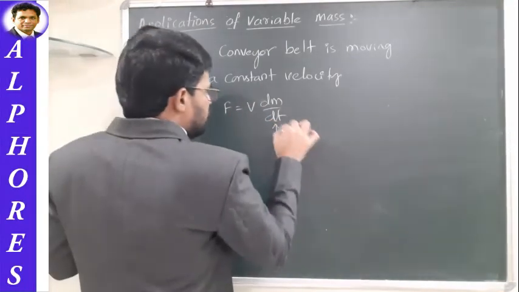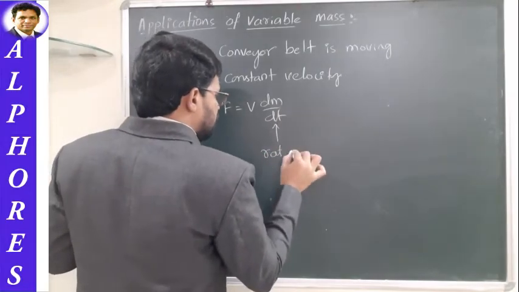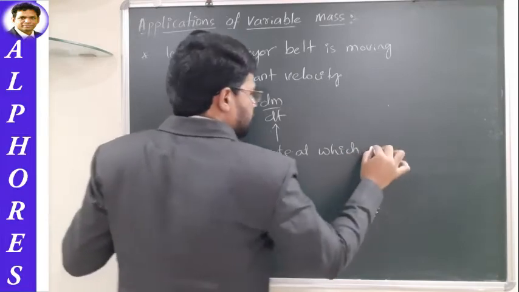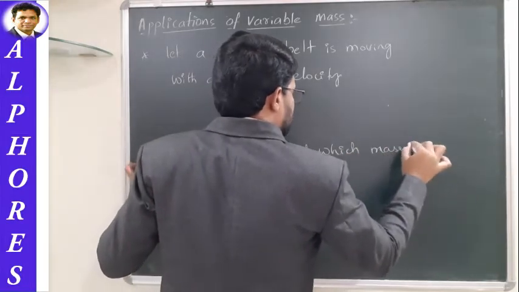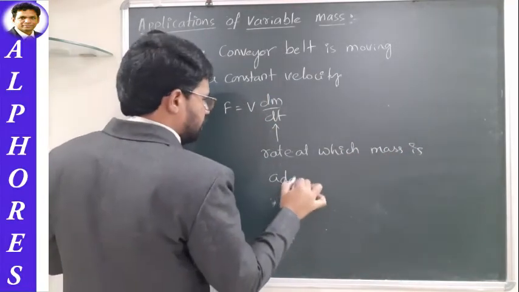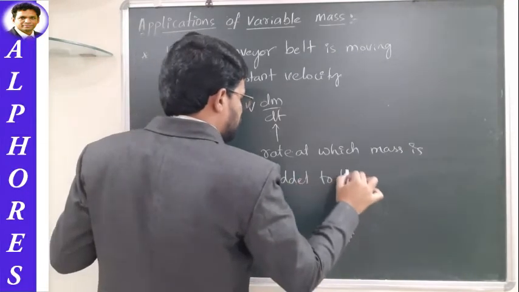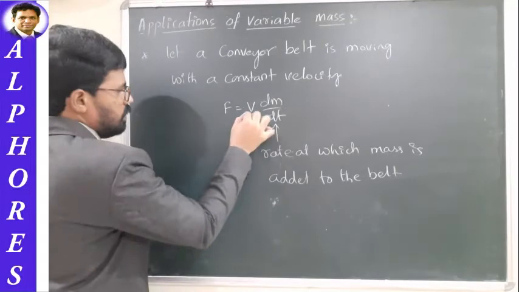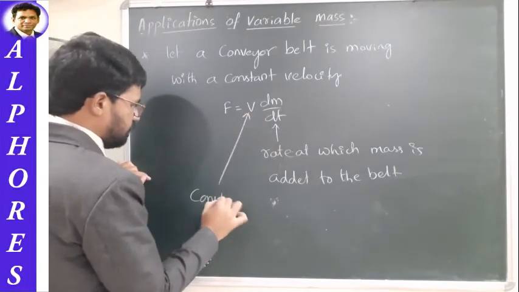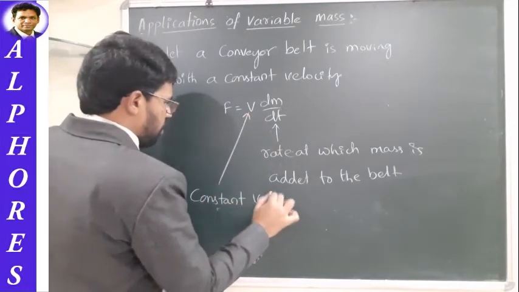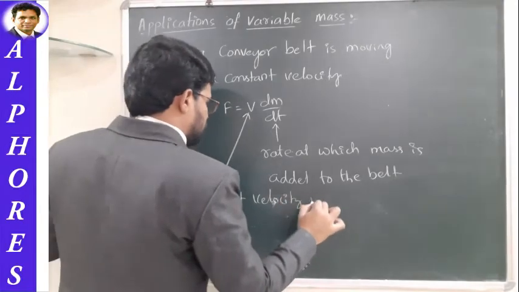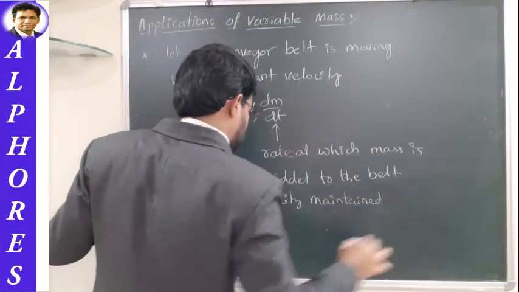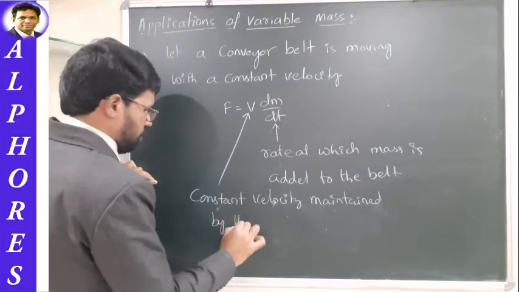What is this? This is the rate at which mass is added to the belt, to the conveyor belt. And this V is the constant velocity maintained by the belt.